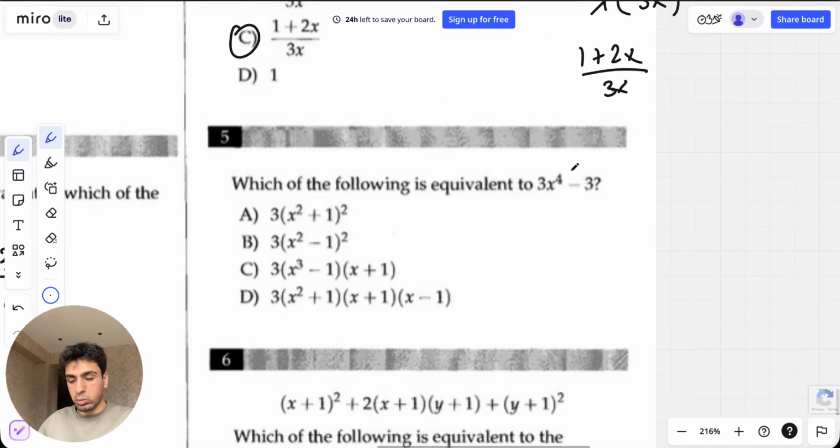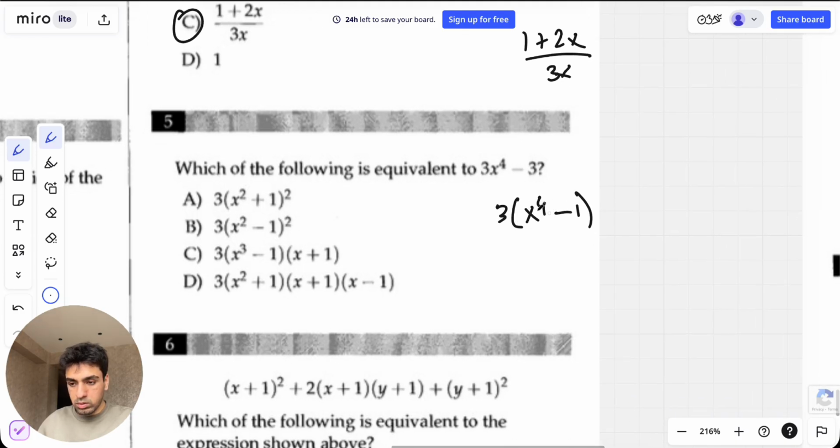Question 5, we have this expression. Now we can factor 3, so we get 3 times x to the power of 4 minus 1. We can then use the rule to factor x to the power of 4 minus 1. We can write this as x squared minus 1 and x squared plus 1. So a squared minus b squared is a minus b times a plus b.